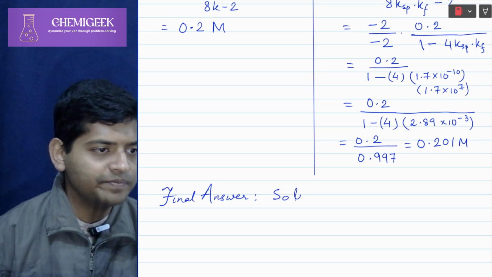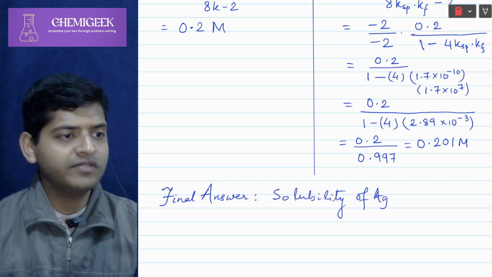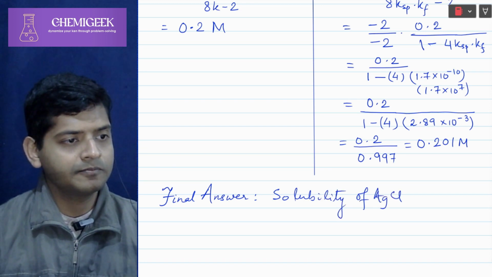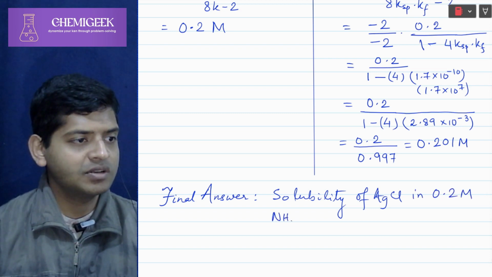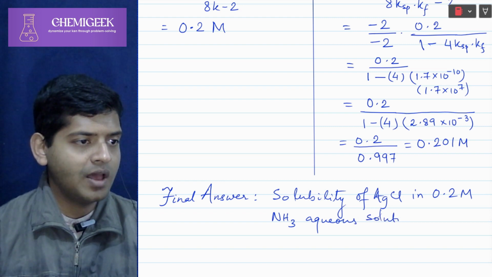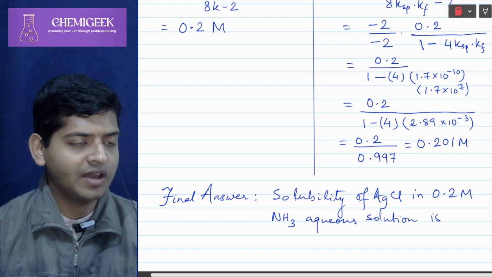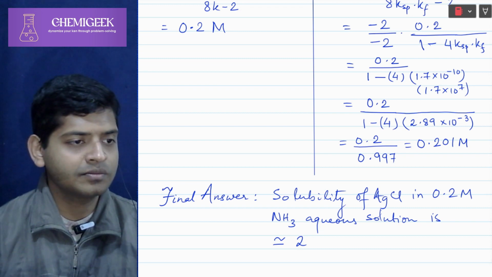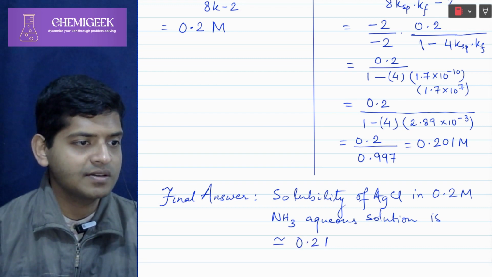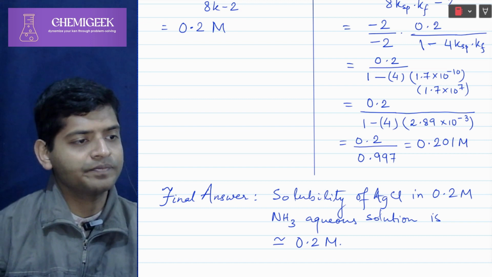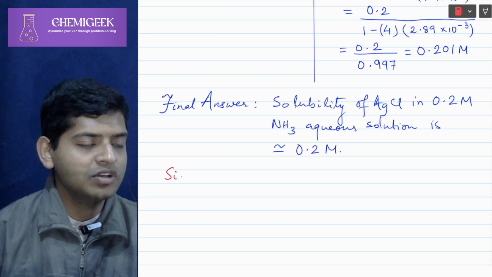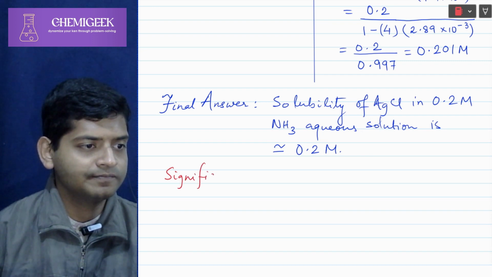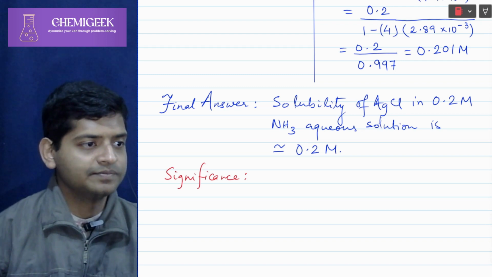The solubility of silver chloride in 0.2 molar ammonia aqueous solution is almost equal to 0.2 molar, because in both the cases we have got the same answer.